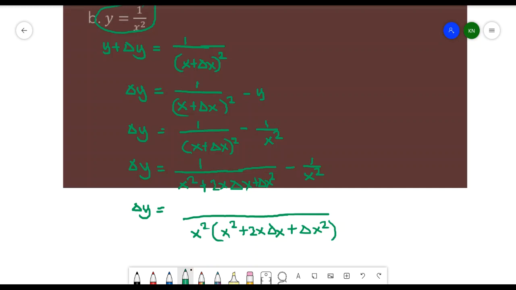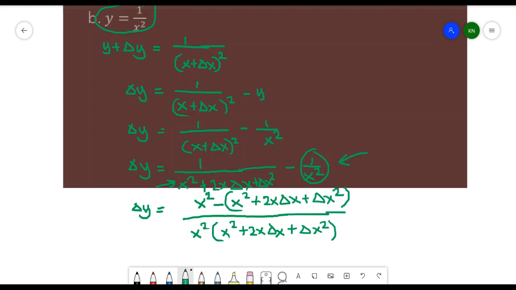Now, in order for us to get this value, 1 over x squared plus 2x delta x plus delta x squared, we need to identify the numerator. So in this case, our numerator is x squared. And then for this one, our numerator is x squared plus 2x delta x plus delta x squared.